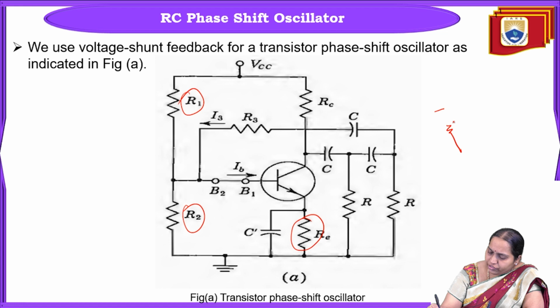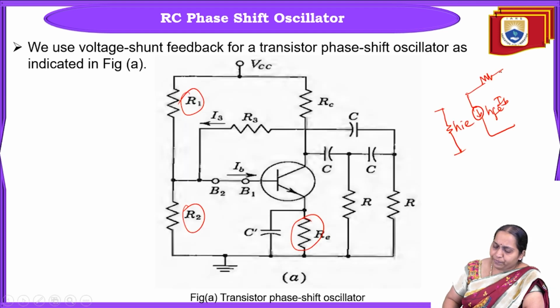On the other side you'll have hfe into IB. And then from here you have RC.